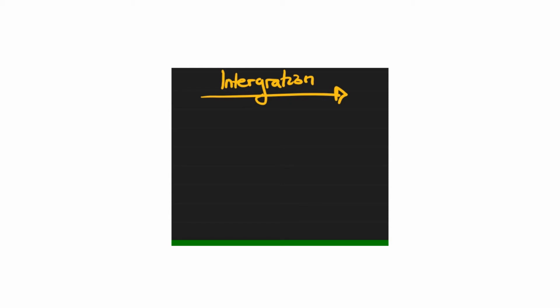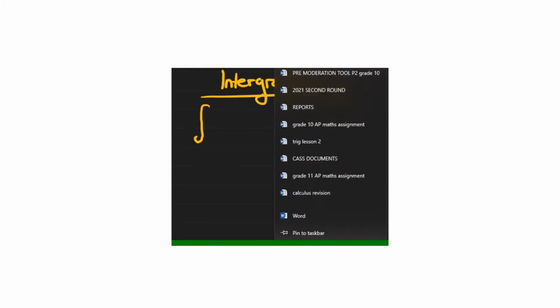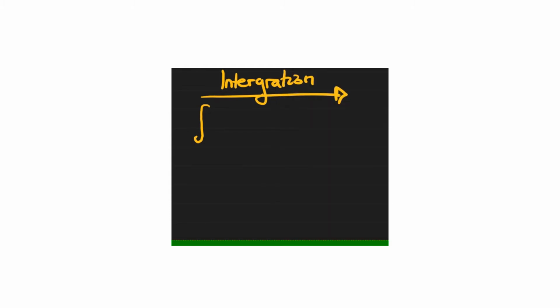So I'll be looking at integration. When we are integrating, we say this is the integral sign. For example, if I say integration of x to the power n with respect to x, it means it will be dx. So it's basically integration with respect to x.